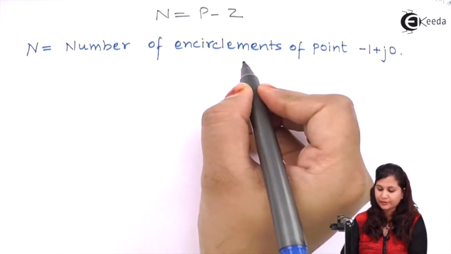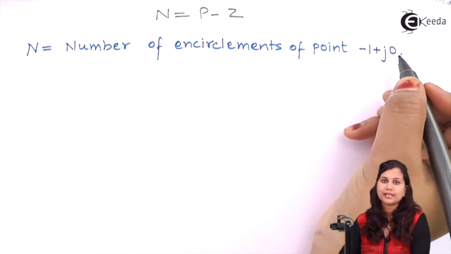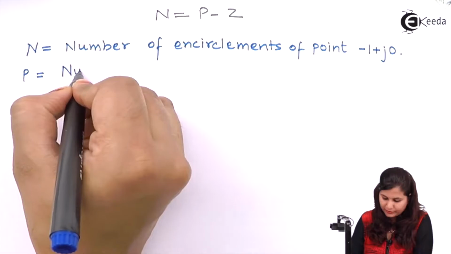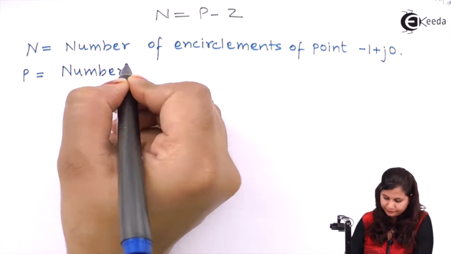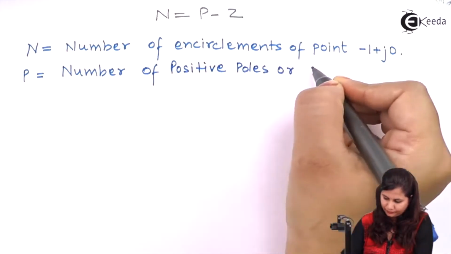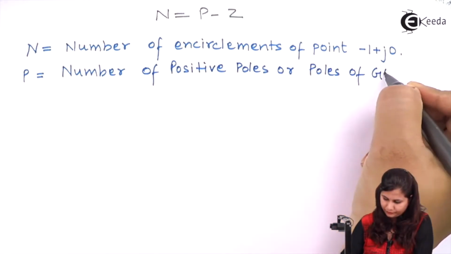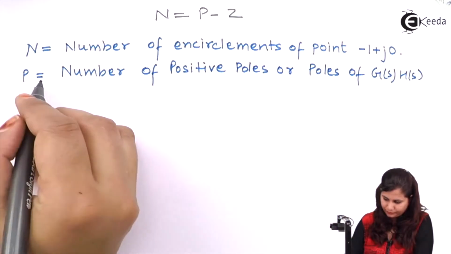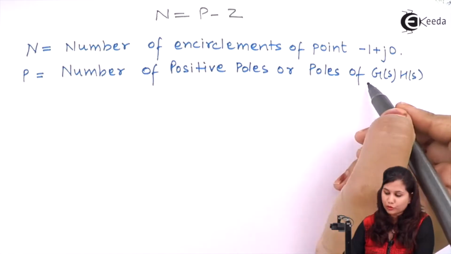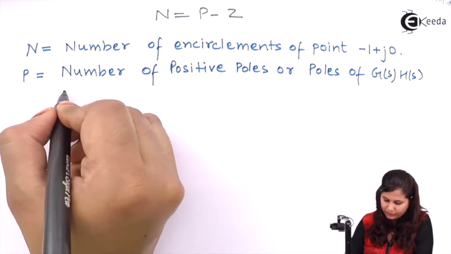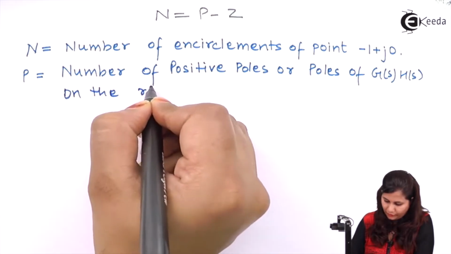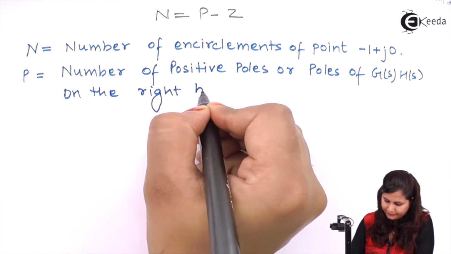Number of encirclements of the point minus 1 plus j0, and P is the number of positive poles, or we can say the poles of G(s)H(s) on the right half of the S plane.